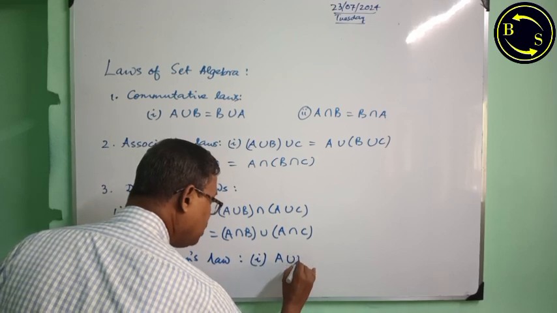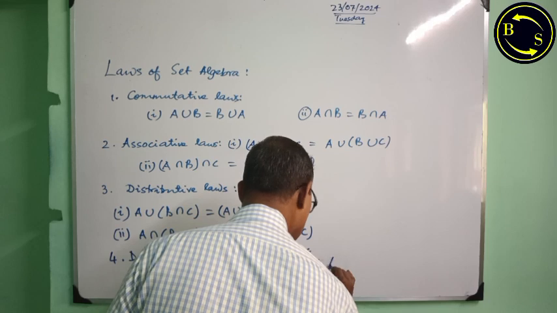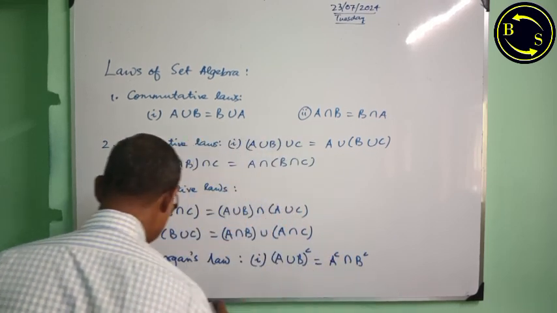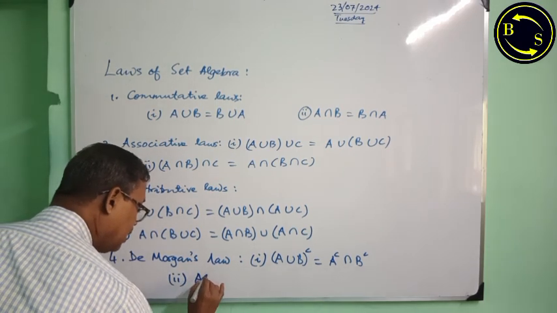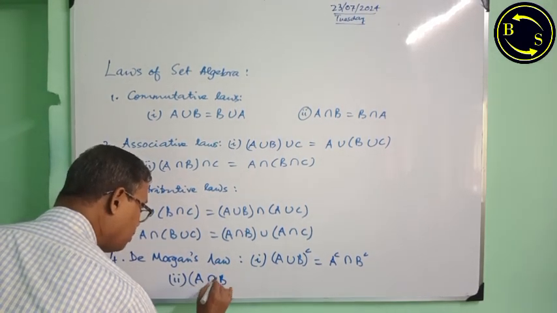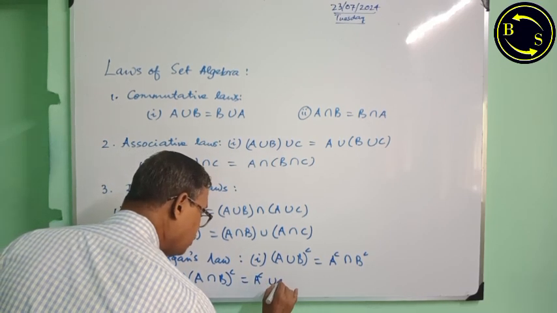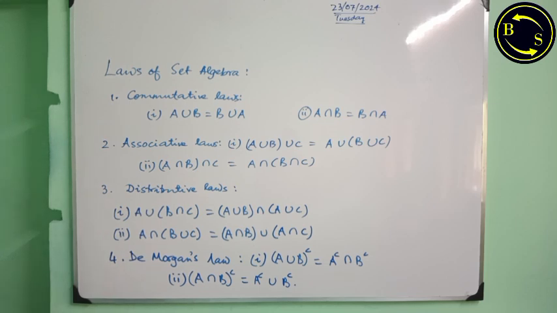(A union B) whole complement is equal to A complement intersection B complement. Number 2, (A intersection B) whole complement equal to A complement union B complement.